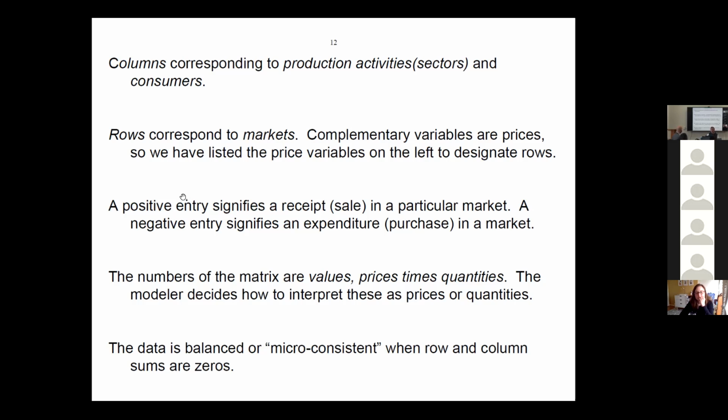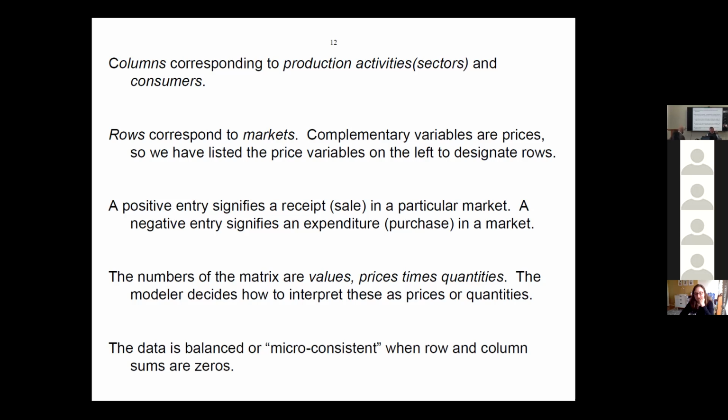These numbers are values, not quantities. So maybe not something we'll get into much. The modeler is often free to decide choices of units as to how much of that value is a price and how much is a quantity, but then you have to be consistent within the model. So, if somebody makes $48,000 a year, you can decide that's 1 year of labor at a price of 48,000.